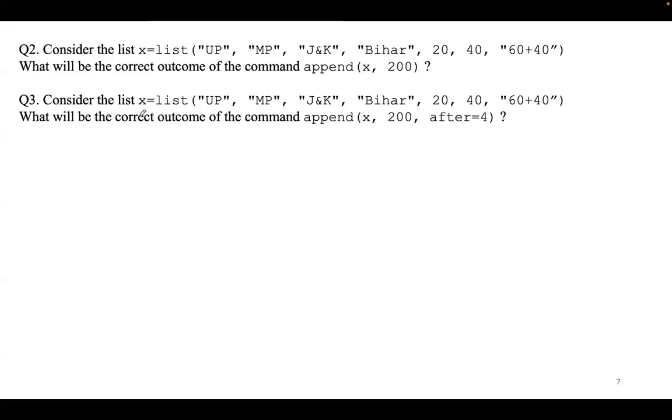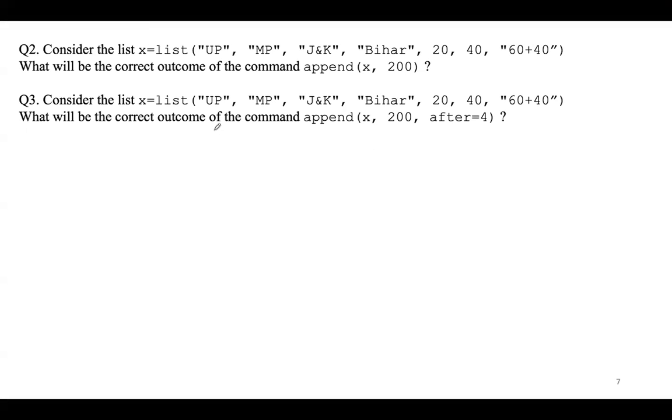All right. So now we have a list which has 7 elements. These are the elements. The first 4 elements are single elements. So all of these are single elements. The first 4 are characters, the next 2 are numbers, and the last one is also a character. So what will be the correct output of the command append x comma 200?